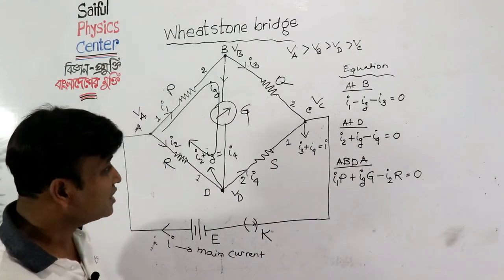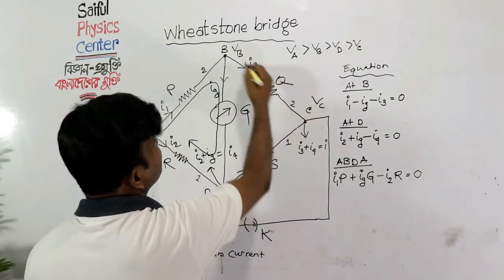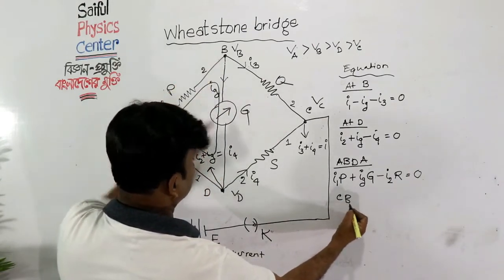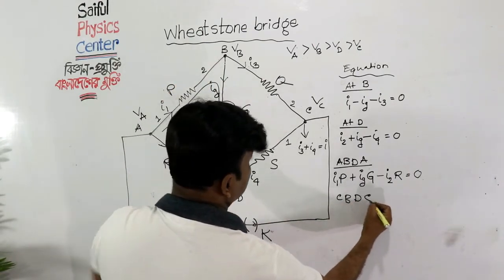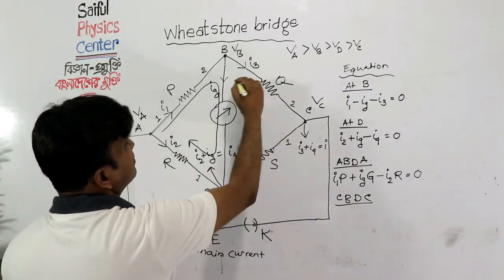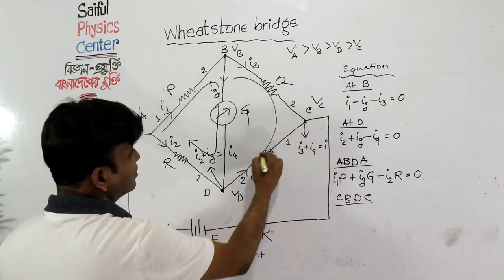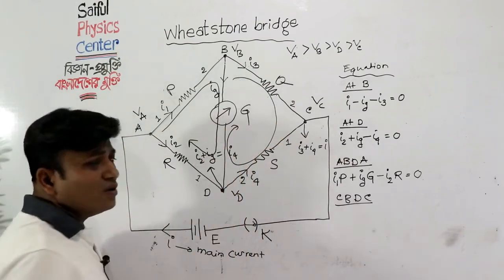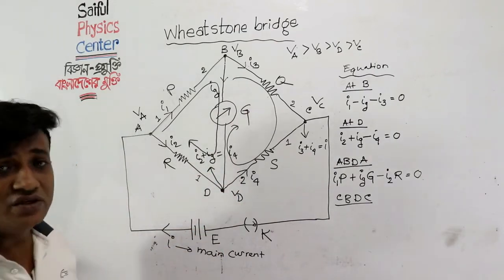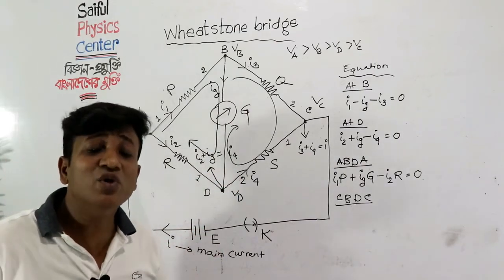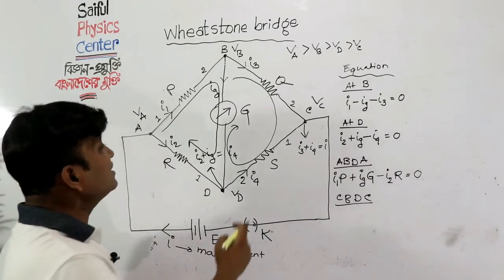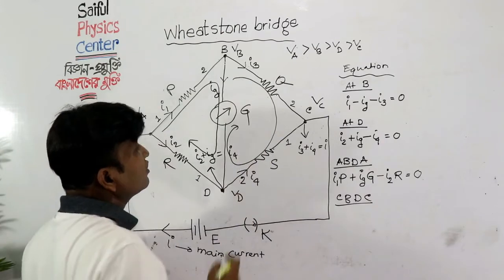Okay. Next, at the closed circuit C, B, D, C, again we consider the current flowing clockwise. We can also consider anti-clockwise; if we use clockwise or anti-clockwise, in both cases the result will be the same. Now here I am taking the current flowing clockwise.